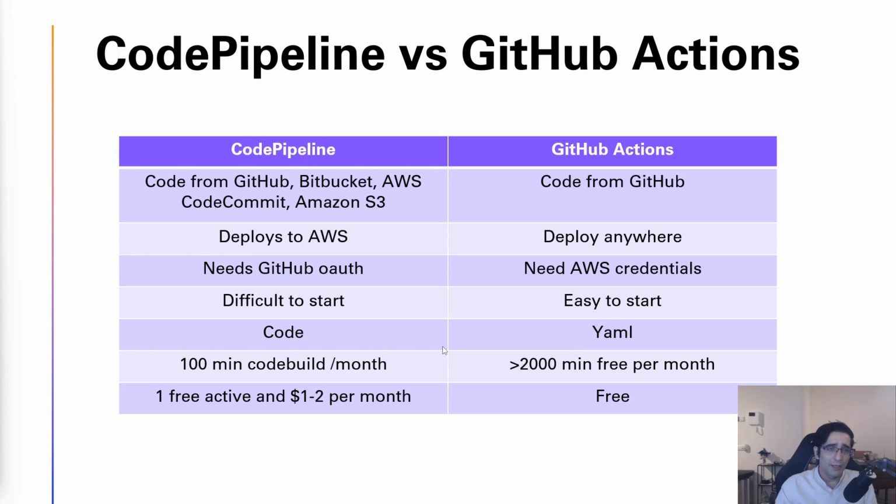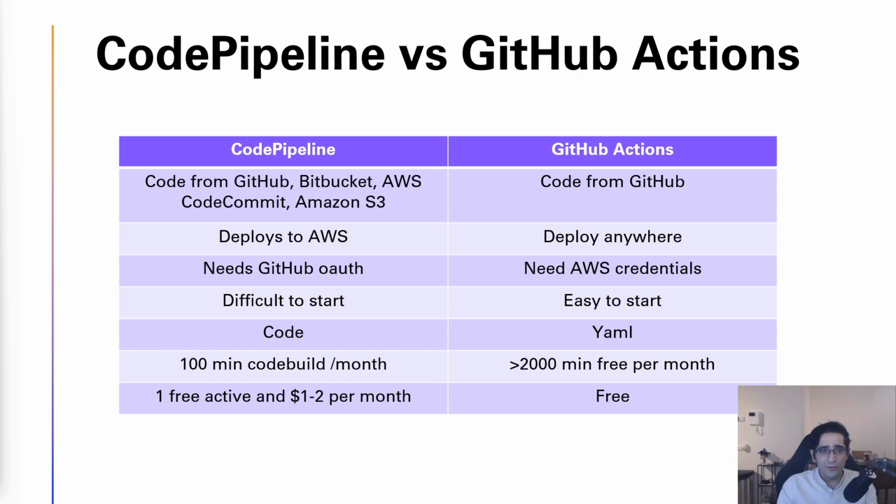Then if we have a look at cost-related stuff, it's not really CodePipeline, because CodeBuild is the action that's actually building our code in CodePipeline, and that gives us 100 free minutes a month to use CodeBuild.